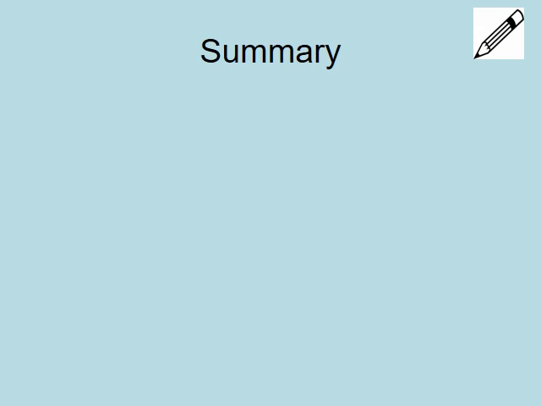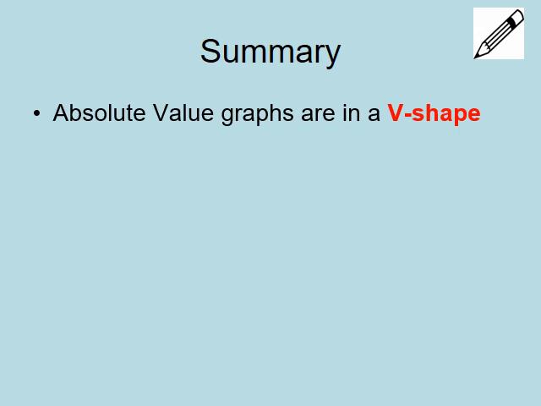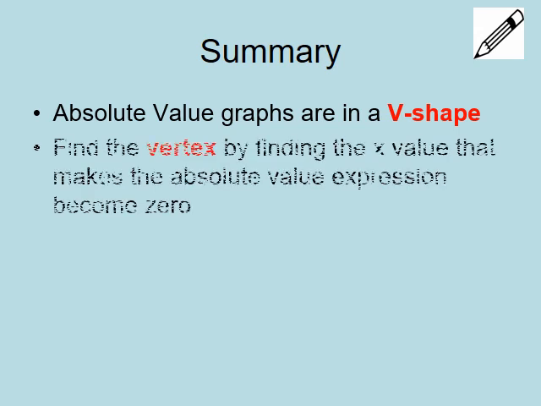Okay, let's take a look at a summary here. Jot a few of these things down because they might be helpful as you progress through some examples and practice problems. First of all, we've made note that it's always a V shape. If it doesn't look like a V shape, check your work, something's wrong.